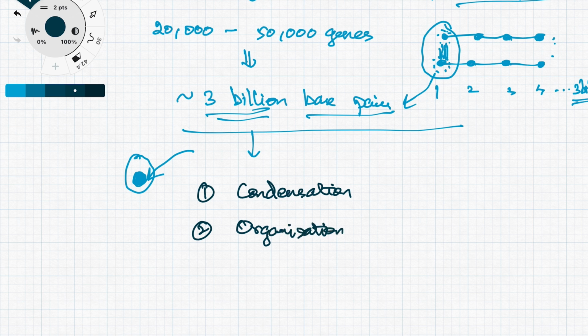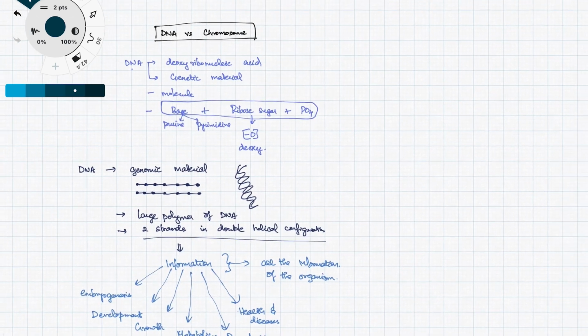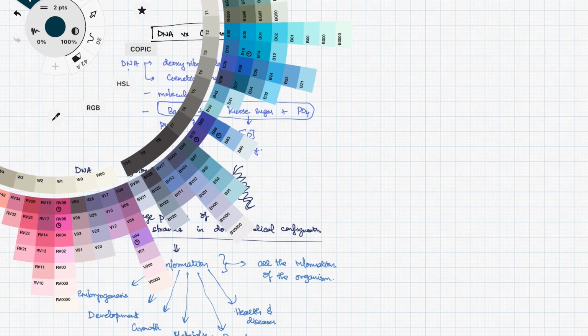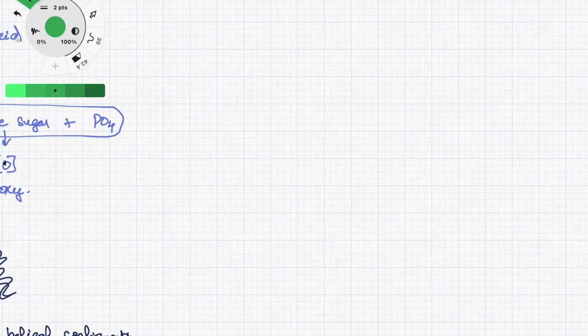So this DNA is extremely condensed and extremely organized into very small and very compact particles. That is what we call chromosomes. It is extremely condensed and organized into small particles called chromosomes. Okay, so what are chromosomes?